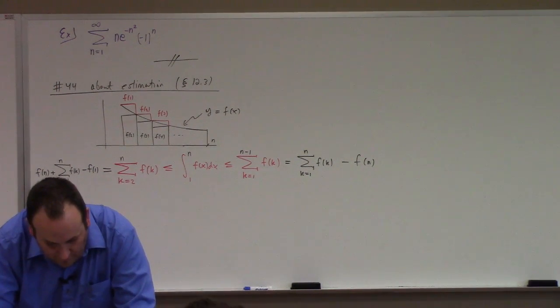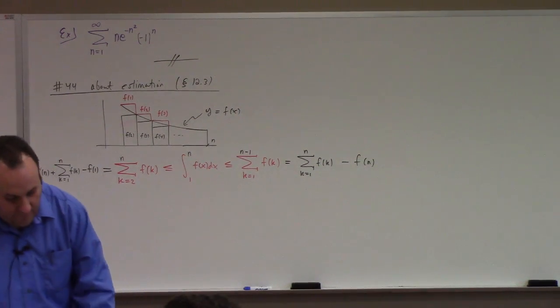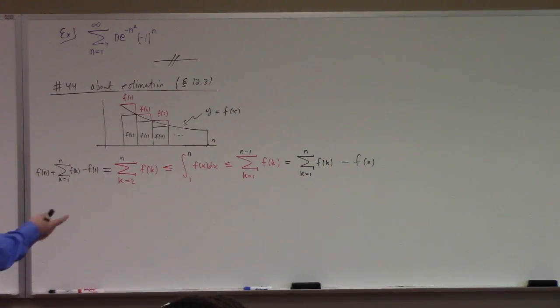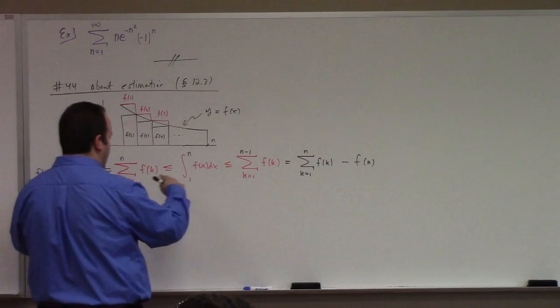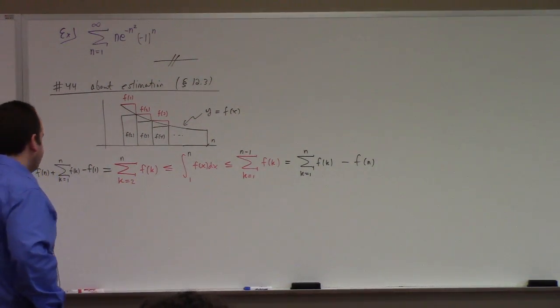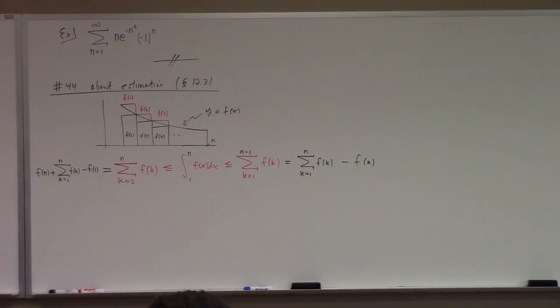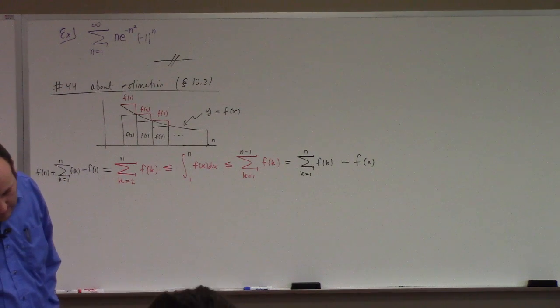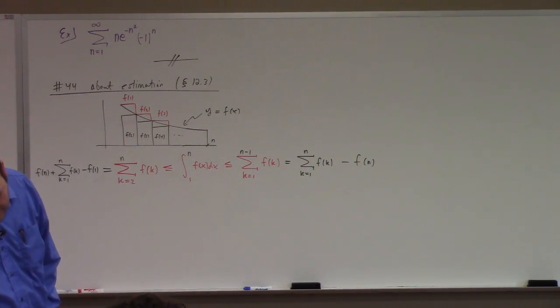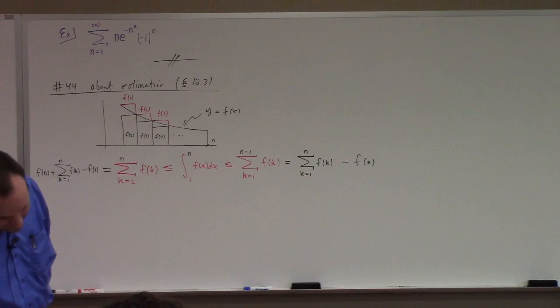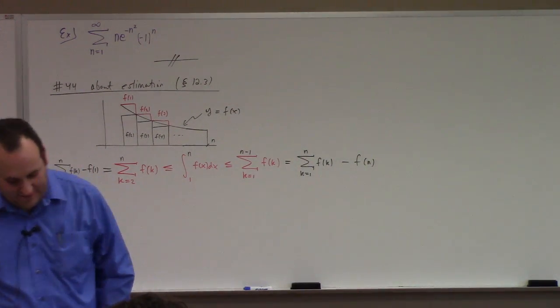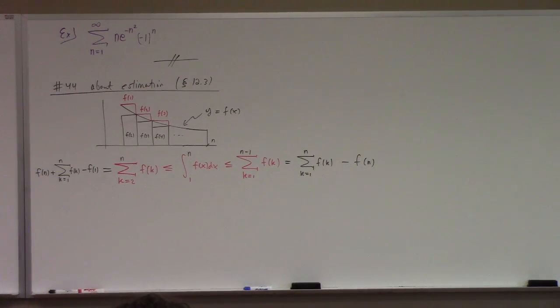But I really do think that problem 40 is derived from this kind of argument, and then you let n go to infinity, if I understand things correctly. It's a combination of the integral test and this or something like that. I'm going to shut up about it.